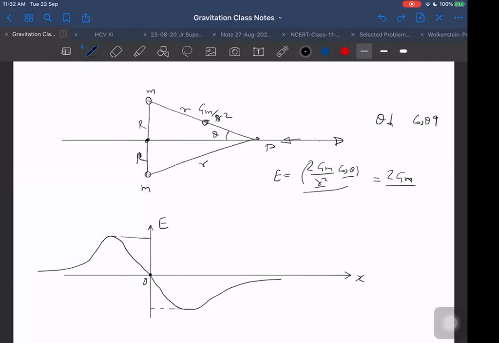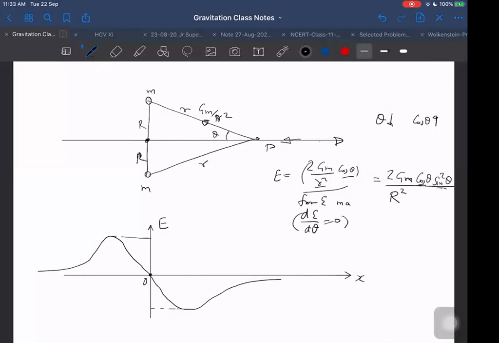Small r will become capital R into cosecant theta, so it will be cos theta and sin square theta in the numerator. The product rule is still applicable, but it is easier. I will write dE by d theta equal to 0 for E to be maximum.